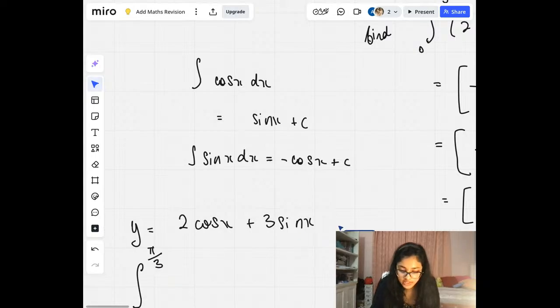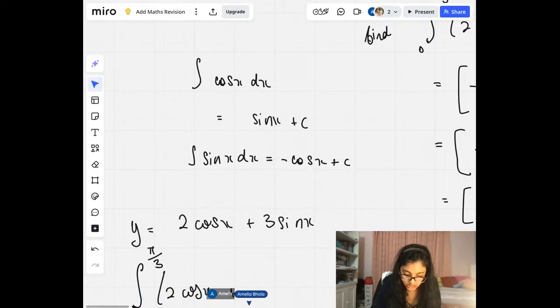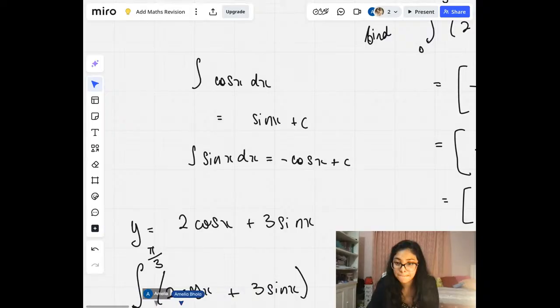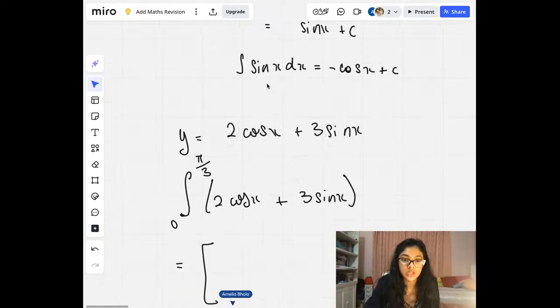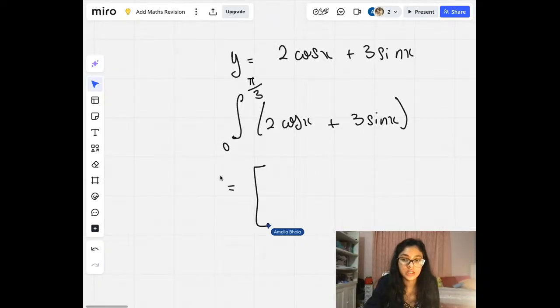This is not really a revision course, guys. This is kind of like a study with me. So I think I mixed it up for the differentiation and the integration. Yeah. Agreed.